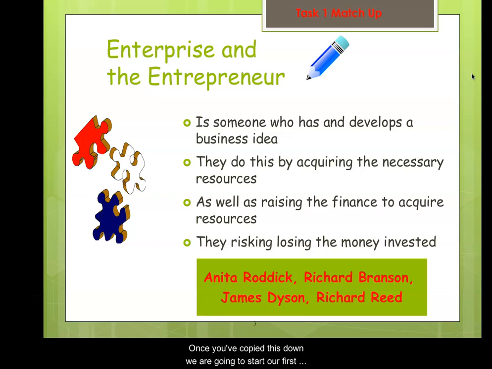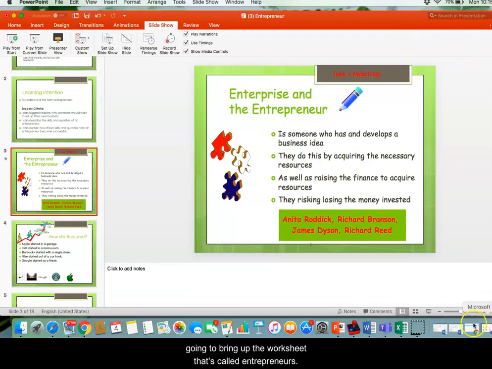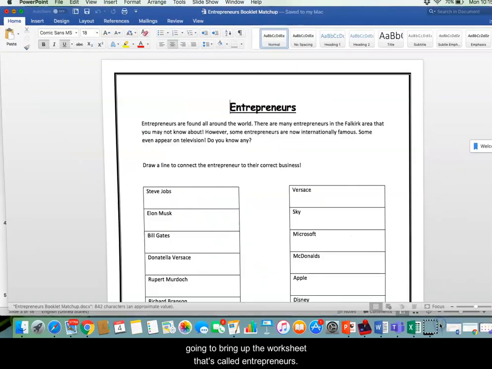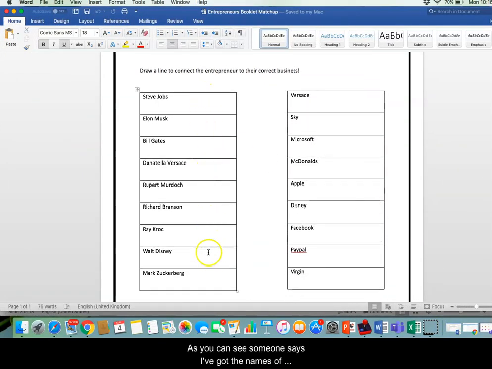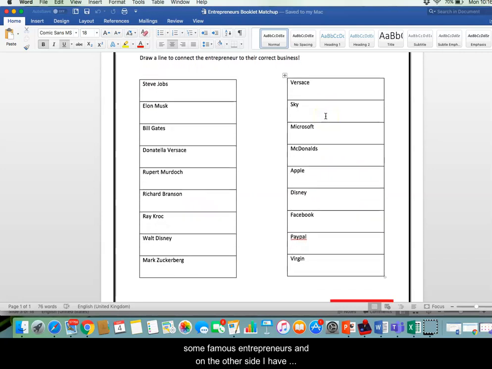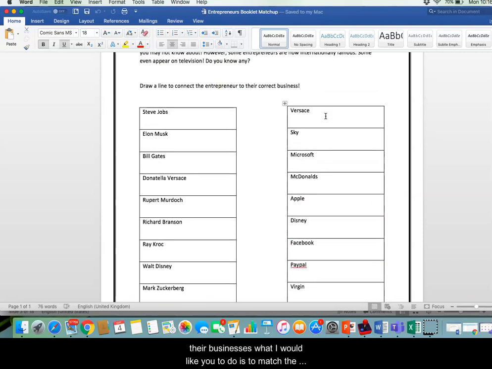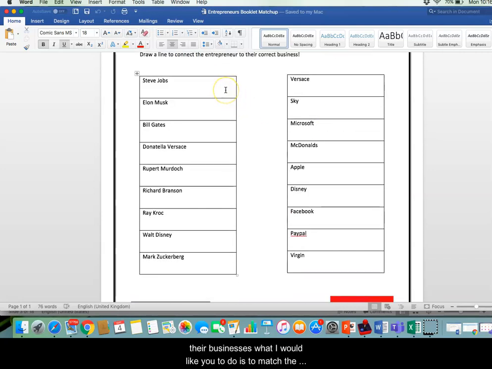Once you've copied this down, we are going to start our first task of this lesson. So what you're going to do is you're going to bring up the worksheet that's called Entrepreneur's Booklet Matchup. As you can see, down one side, I've got the names of some famous entrepreneurs, and on the other side, I have their businesses. What I would like you to do is to match the entrepreneur to their business.